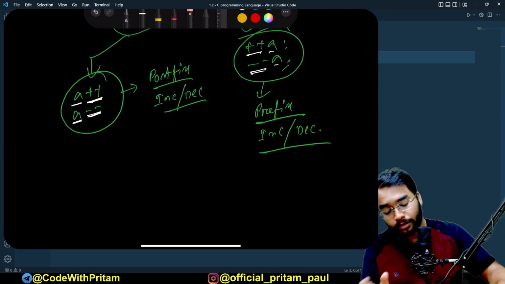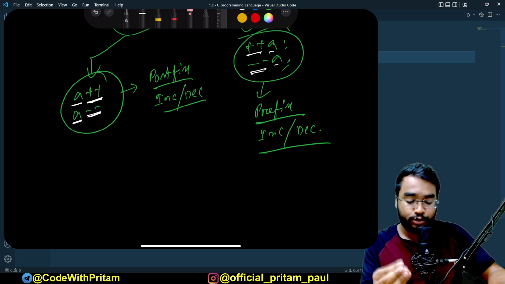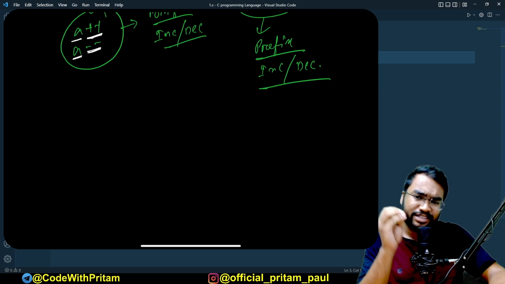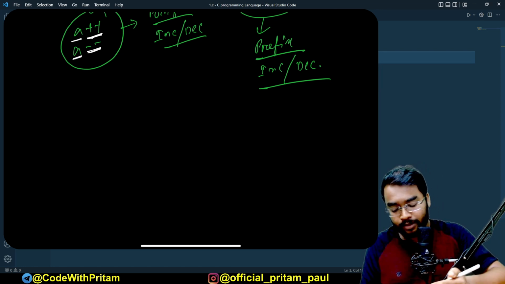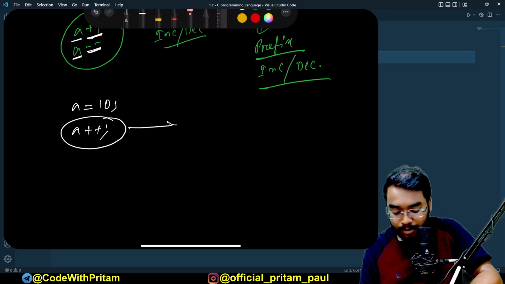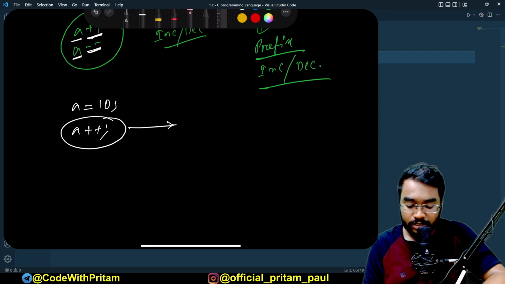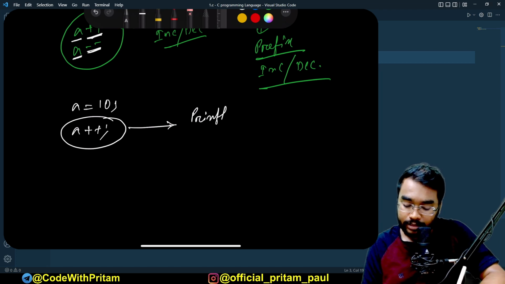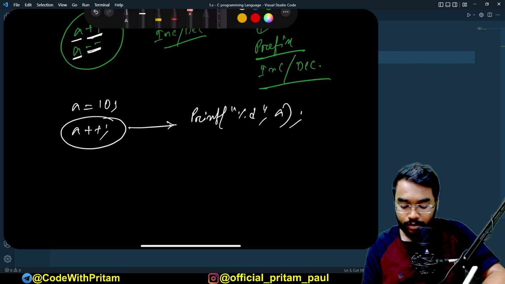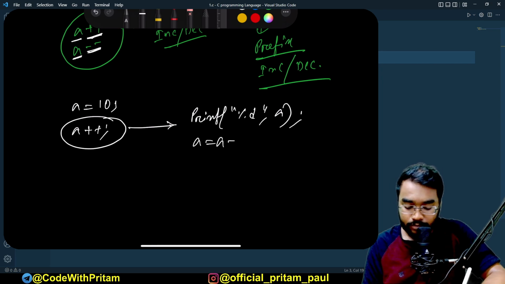Now how it actually works is a little bit complicated for beginners, but it's very easy. Don't worry. If I write a equal to 10 and after that a plus plus, it means there are two lines inside: printf %d a and then a equal to a plus 1.